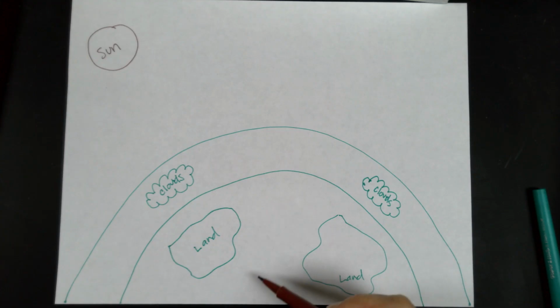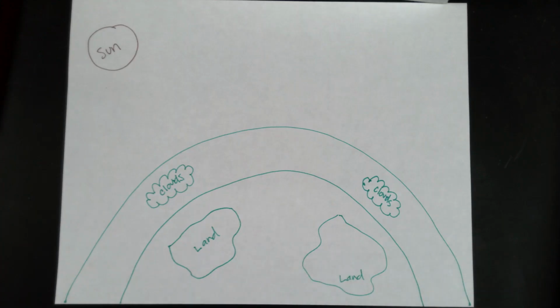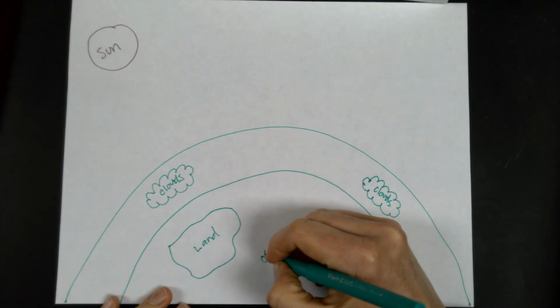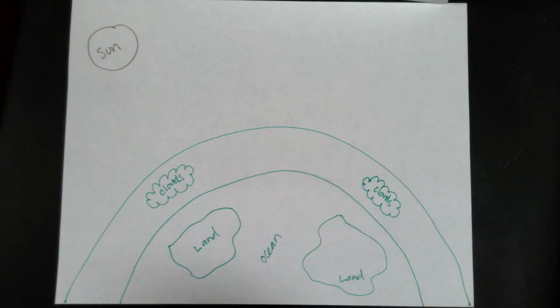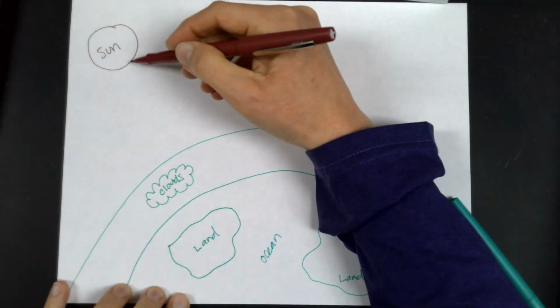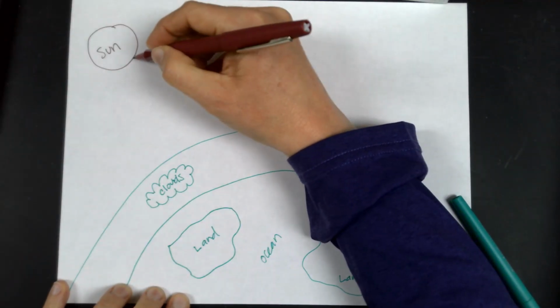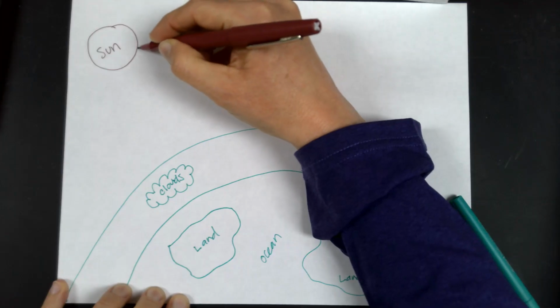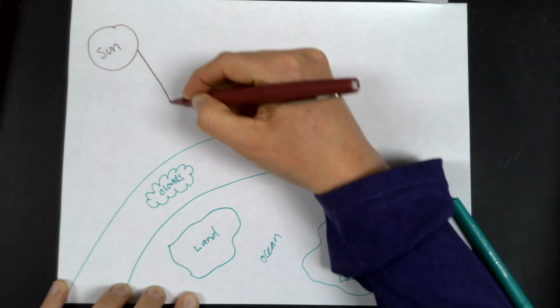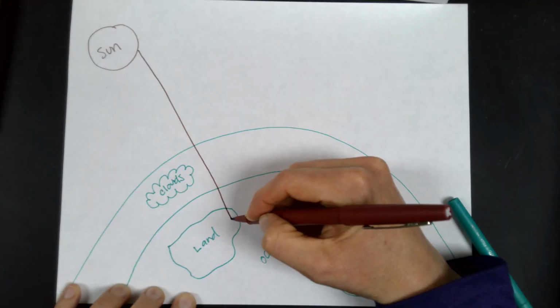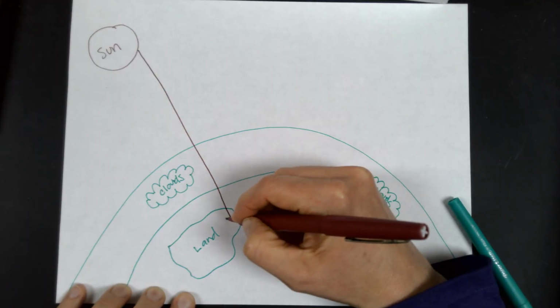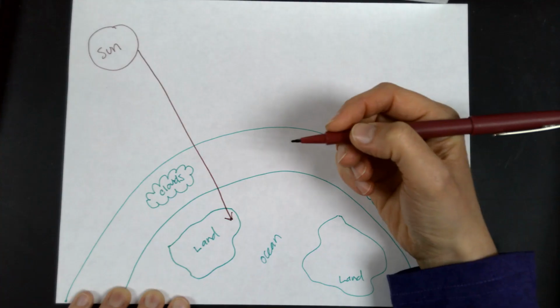So this is the ocean right here. I guess we'll do this too. We'll put ocean right there. And so we're going to draw a line from the sun to the land, okay? From the sun to the land.